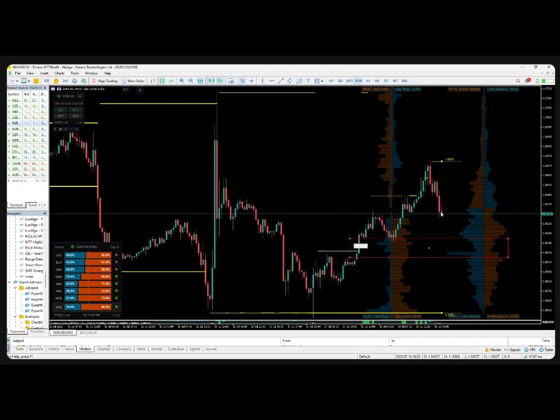Again it will come down and attract the sellers. They will average their prices, or if people are exiting with minimal losses, the market will come down by breaking this fair value gap. Otherwise, it is not easy to break this zone because we have huge sellers trapped at this level.